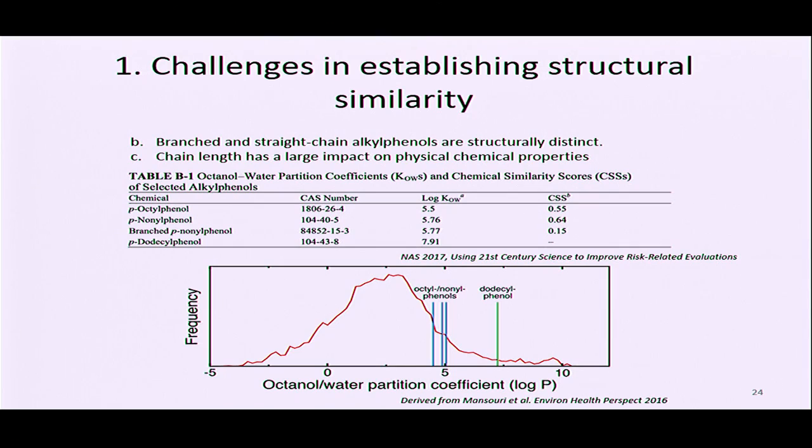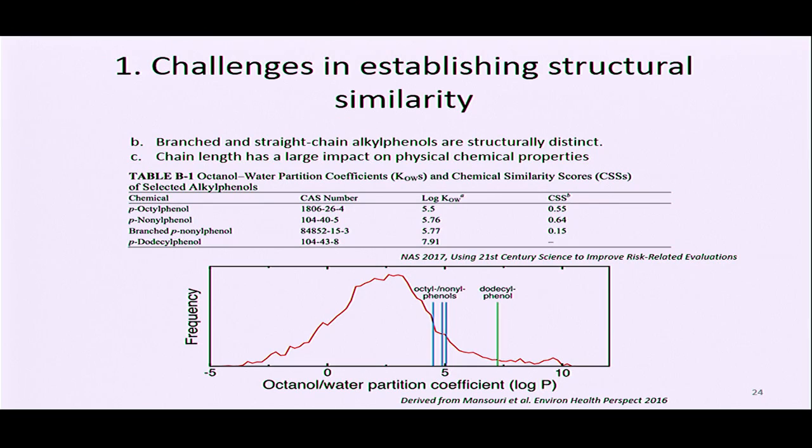What they show here is the lipophilicity. And these are estimates, not measured values. But what I want you to notice is that the mid-chain length, the octyl and nonyl phenols, have a lipophilicity that's more than 100-fold less than dodecylphenol.